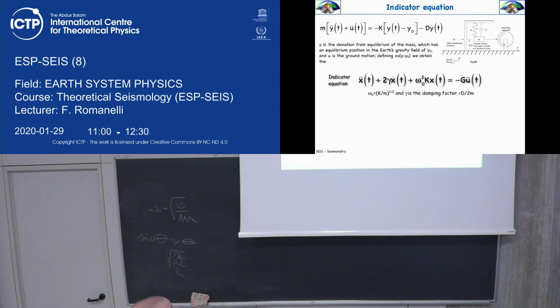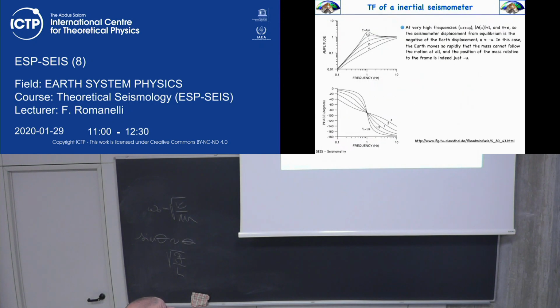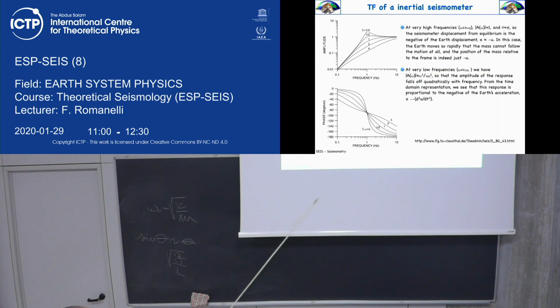And that's why here, the other term is taking the lead, so not the double differentiation in time, but the displacement part. And here, the amplitude is going to 0. There is no relative motion with the frame. So you are getting a very small signal, and that will be proportional to the frequency.